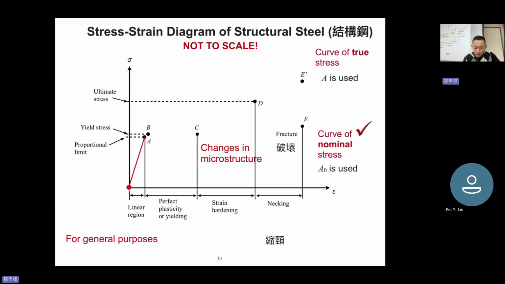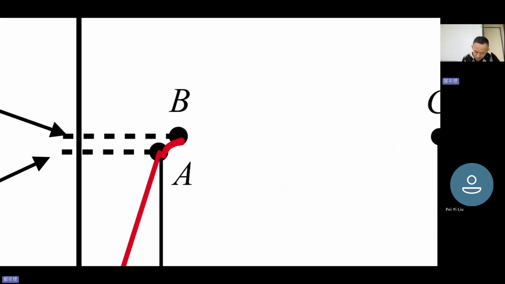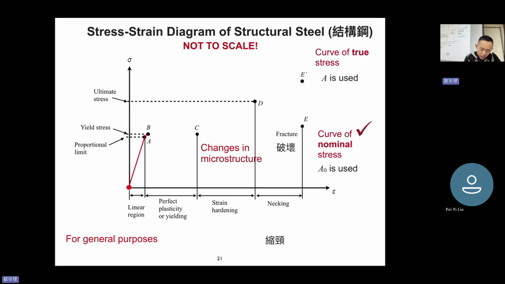And then at some point it exceeds the proportional limit, which means they are not linearly proportional anymore. They are not linearly dependent. It becomes a curve. Okay, it's maybe not linear, it's a kind of curve.